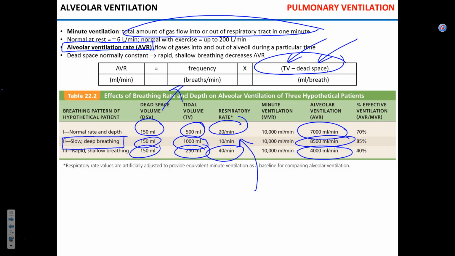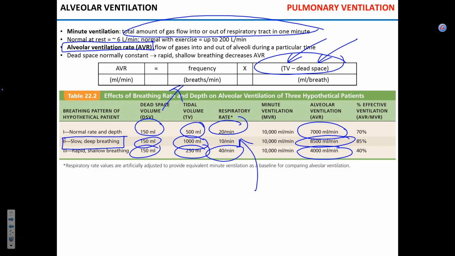So this is something that you will need to calculate. I will not provide you with the formula. Just come on, it's simple. So you need to know that minute ventilation is tidal volume times the number of breaths, and alveolar ventilation rate is tidal volume minus dead space multiplied by the number of breaths per minute.